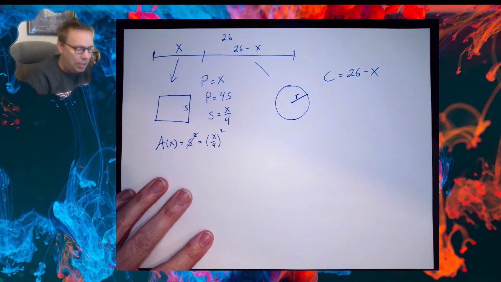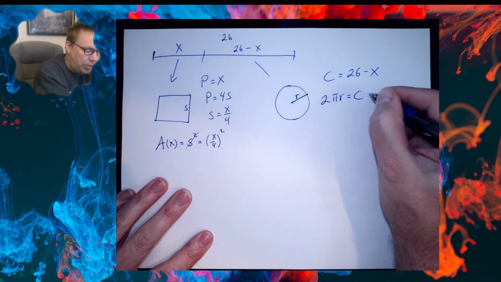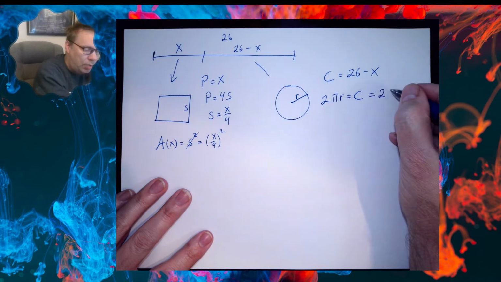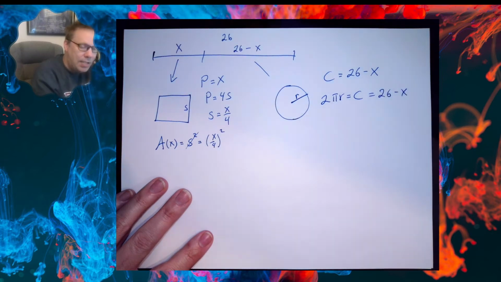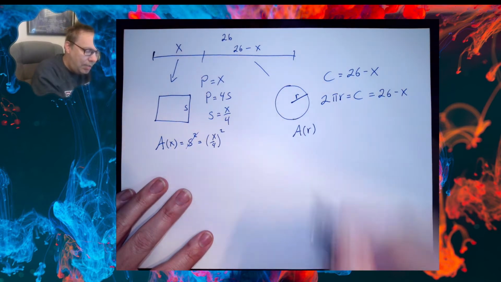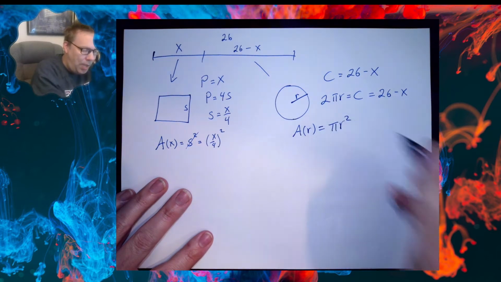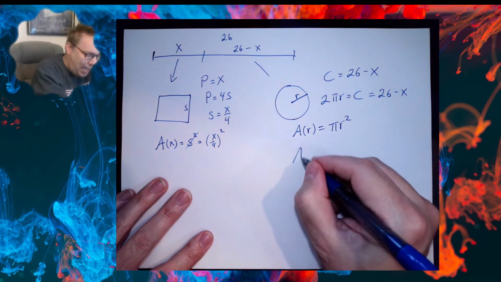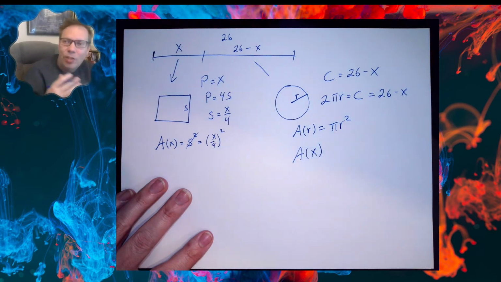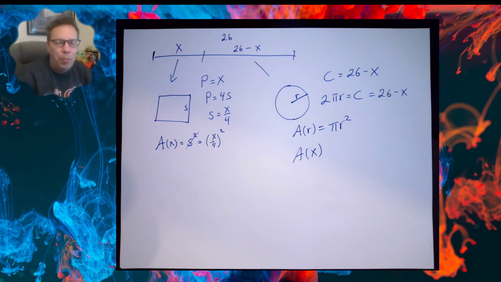If I give you a radius, 2 pi r is equal to the circumference, which is now 26 minus x. Now, why am I doing this? Because I know that the area in terms of the radius is pi r squared, but I want the area in terms of x.